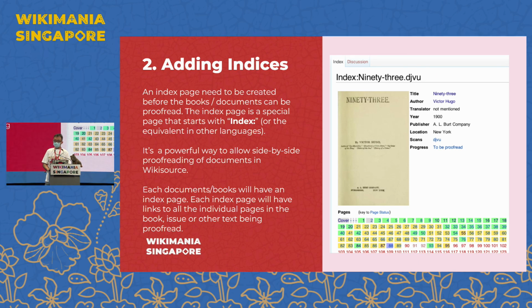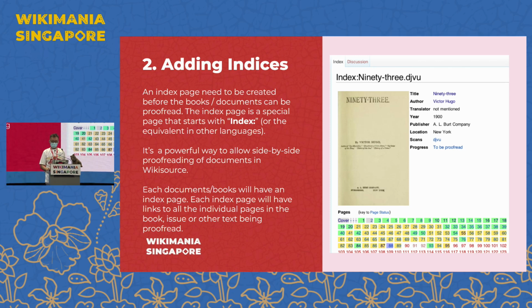There will be one index page for every book or document, and each index page is edited in Wikisource not as wikitext, but in the form of fields that we need to fill.